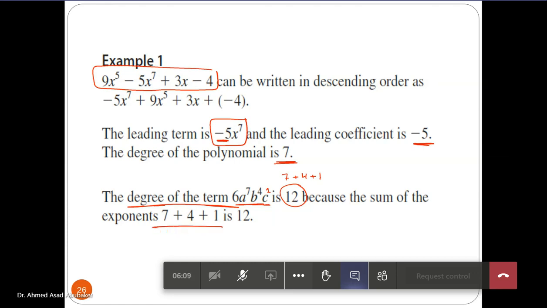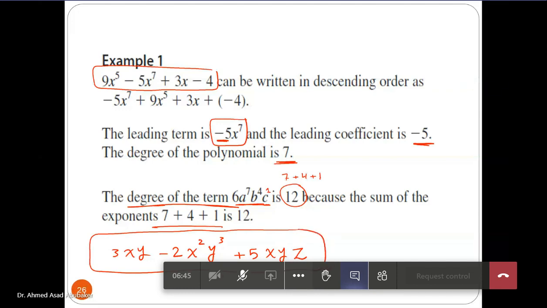Okay? For example, if we have 3xy minus 2x squared y to the power 3 plus 5xyz. Which one is the leading term? This is a polynomial with multiple variables.